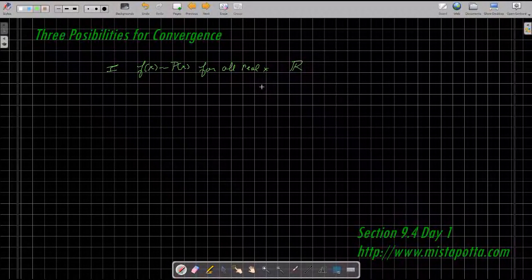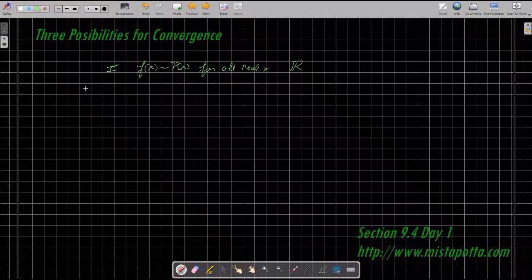It's wonderful when that happens, but it doesn't happen all that regularly. It does happen, for example, with the sine function, the cosine function, and the e to the x function. For those particular Taylor and Maclaurin series, I do have an interval of convergence of all real numbers.